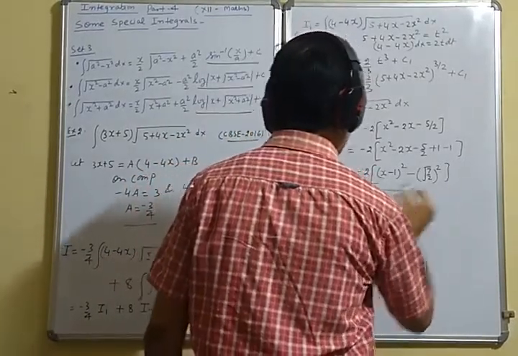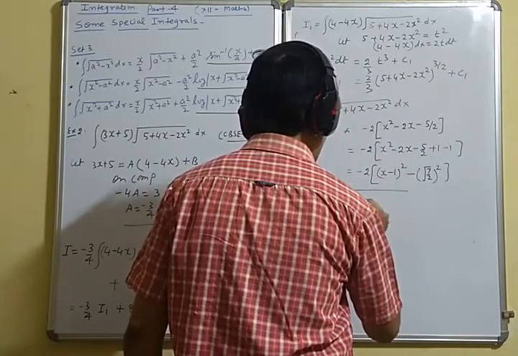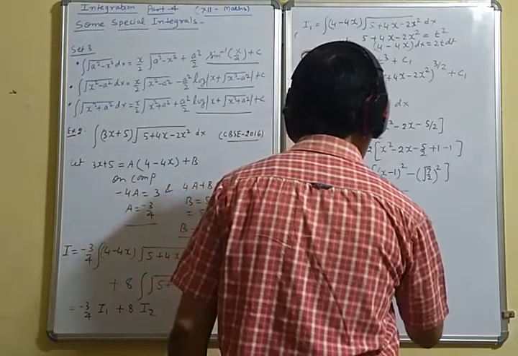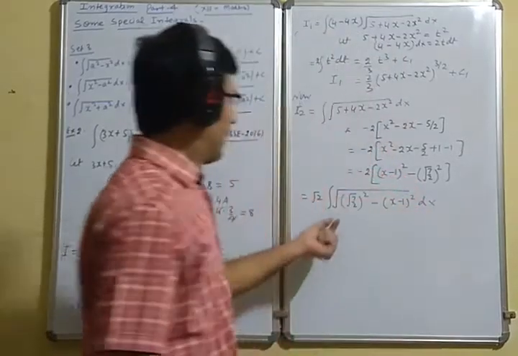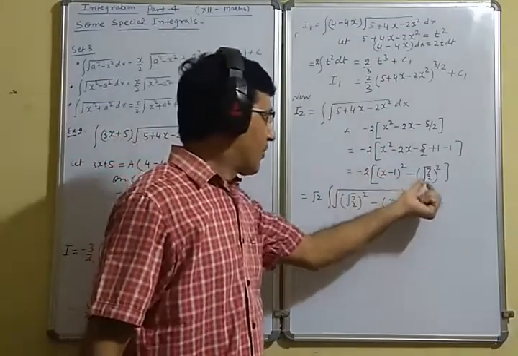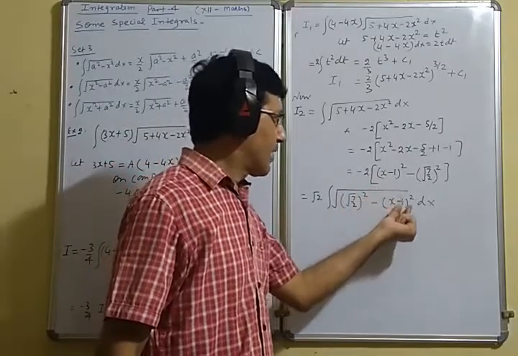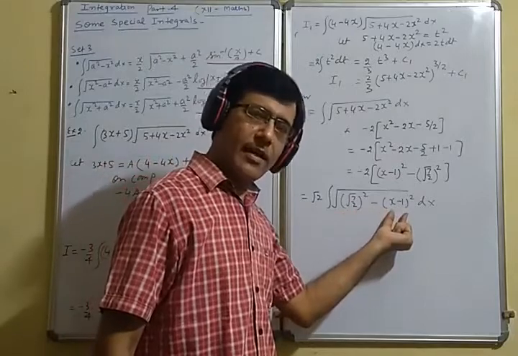So this integration becomes root 2 integration square root of root 7 by 2 whole square minus x minus 1 whole square dx. Root 7 by 2 whole square minus x minus 1 whole square. So this is of the form a square minus x square.